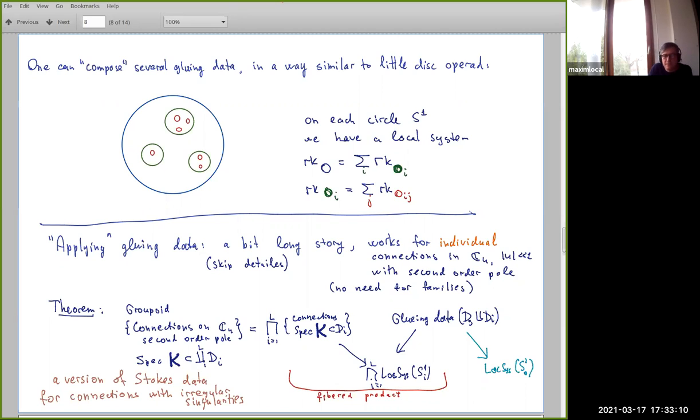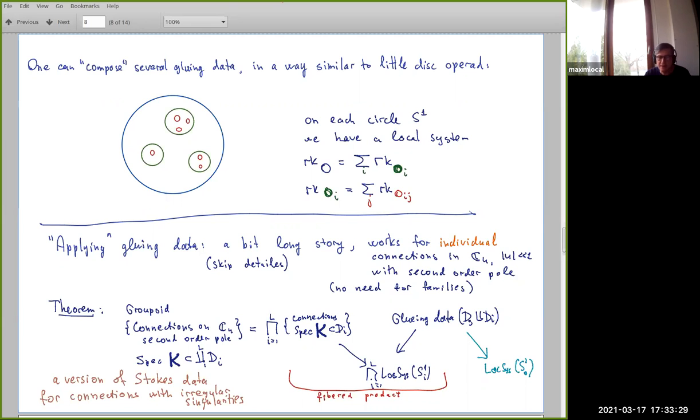Now I can do the same in a green disk with a collection of red ones. Again, the rank of each local system on small disks will be the sum of the ranks of delta j. So you see that the rank of the big one is again equal to the rank of all the red ones.